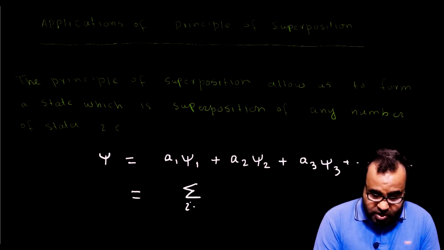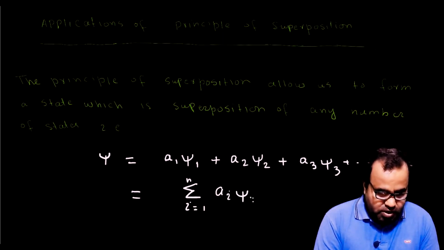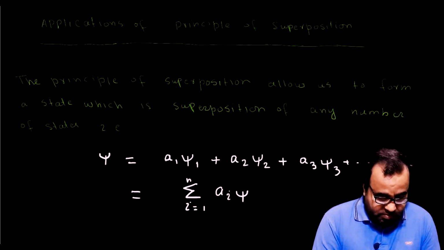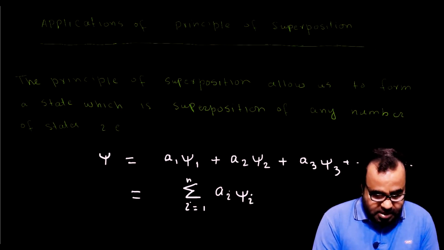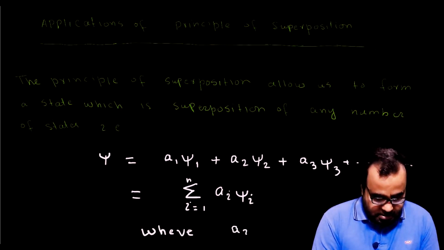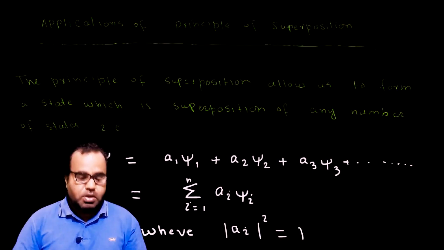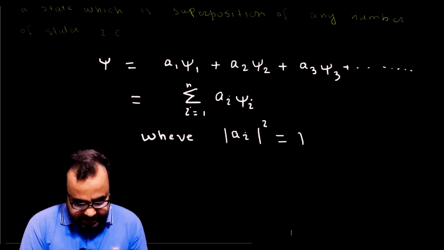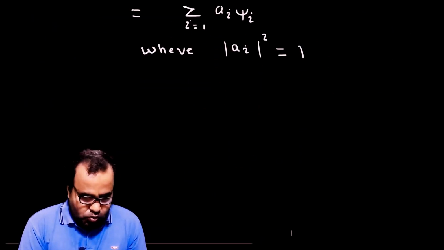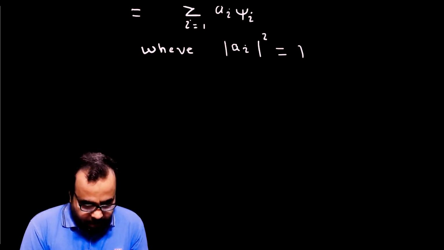When we write it in summation form, it is the sum over i equal to 1 to n of ai psi i. And there is another condition, that the sum of mod ai square is equal to 1. Yes, this is the condition. To represent a state, this equation should be satisfied.